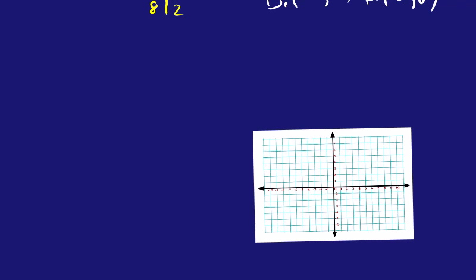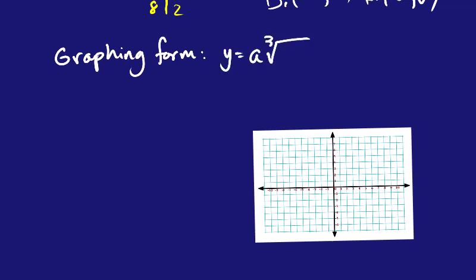So let's go with the graphing form first. Your graphing form will look like this: y equals a, and then the cube root of x minus h, and then plus k.